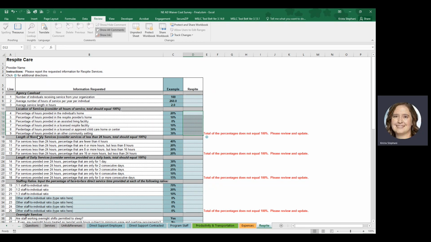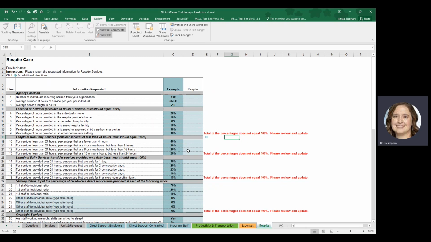Next, we're asking you to indicate the length of non-daily services, which we consider services of less than 24 hours, as a percentage of total. And these services are not billed as a daily unit of service. You can click on this little I and it will pop up with this box that provides other information.